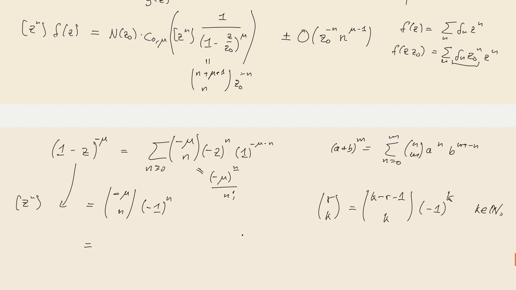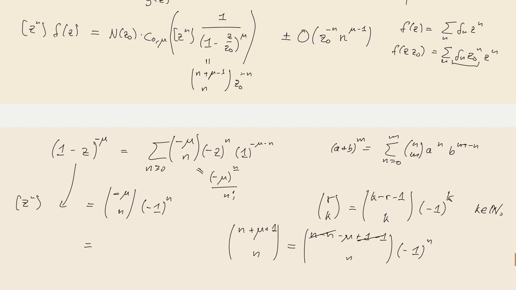So we can apply it backward to this. Apply this here, then you get n minus mu minus 1 plus 1, choose n, minus 1 to the n. And here these cancel.